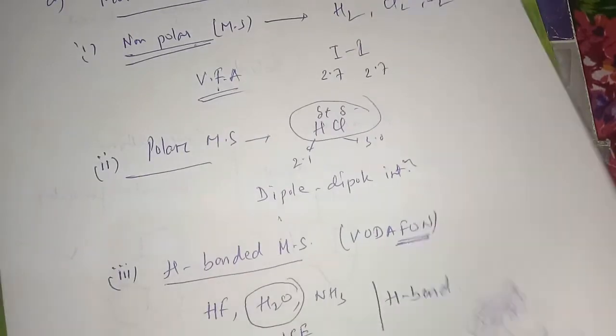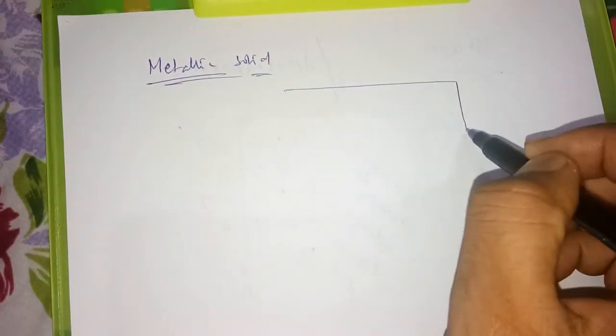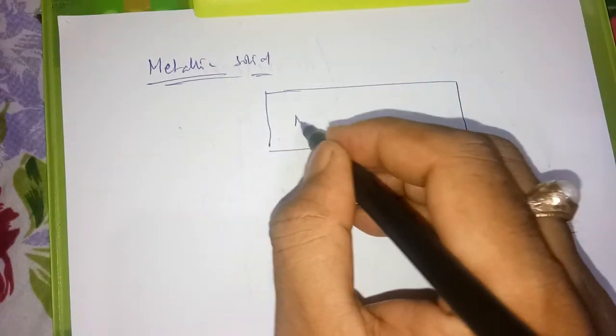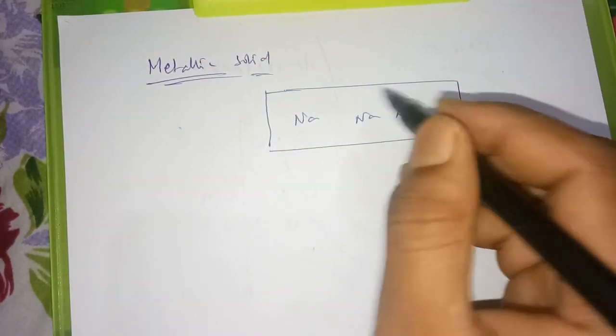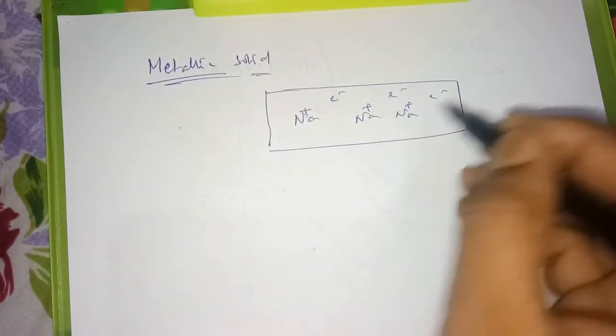So after this we have metallic solids. Metal ions are the constituents. If a metal is there, for example sodium, sodium becomes sodium positive and gives out its outermost electron.